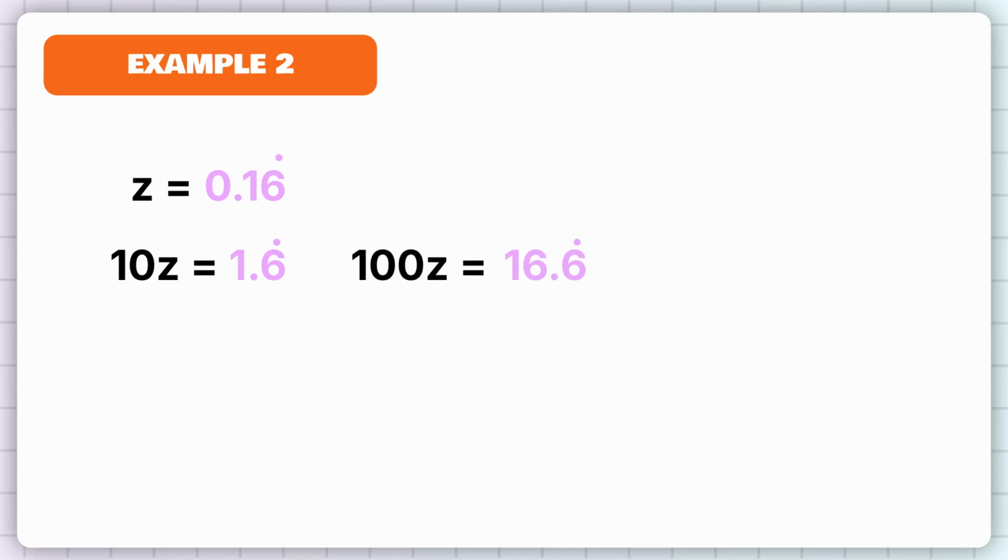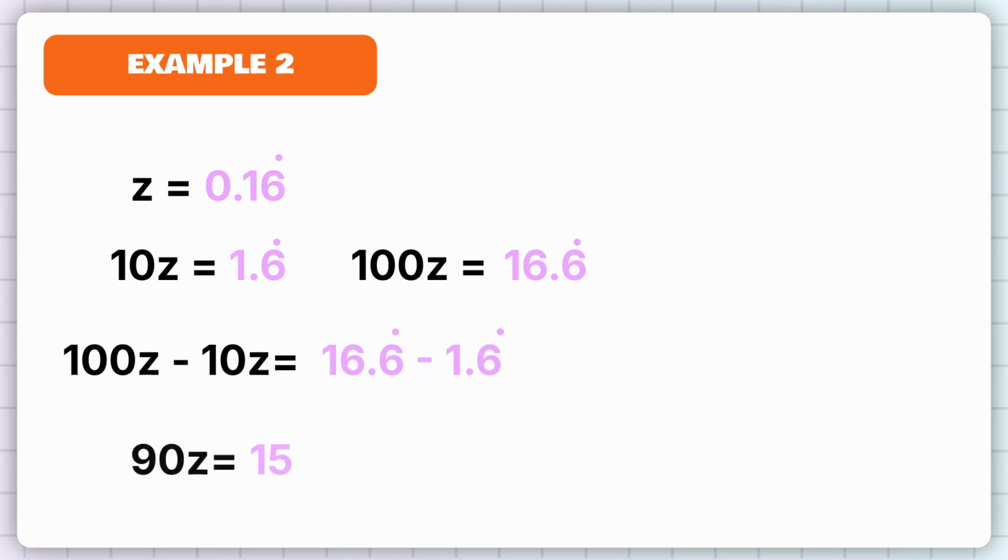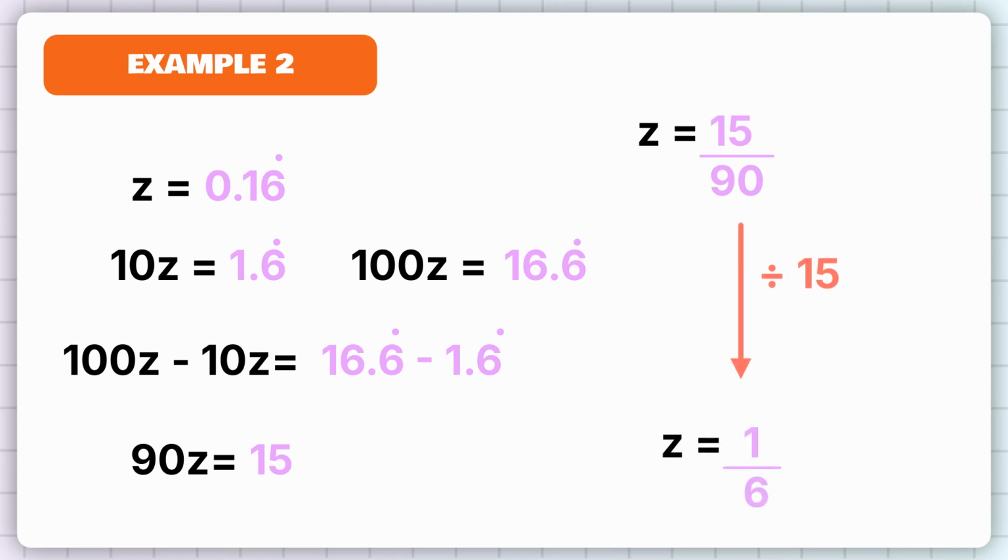Now, subtract the first equation from the second equation. 100z minus 10z equals 16.6 minus 1.6. Simplifying, we get 90z equals 15. Now we can solve for z. z equals 15 over 90, which simplifies to 1 over 6. So 0.16 recurring equals 1 over 6.